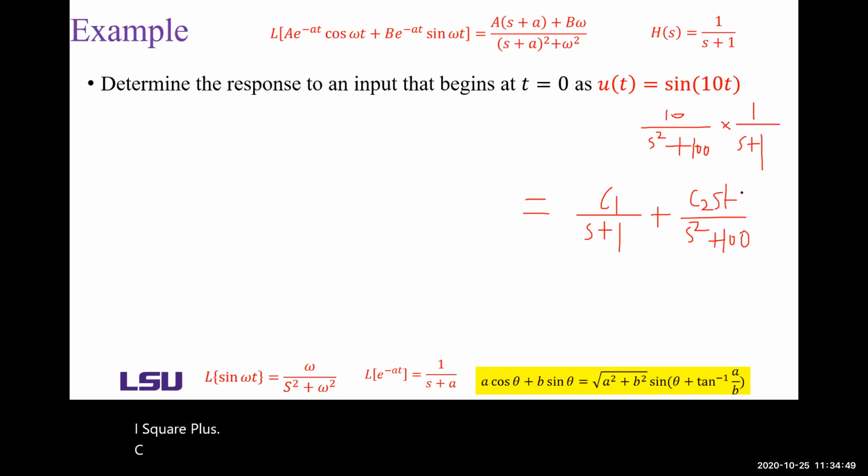To know the value of c1, we can use the cover-up method. To know c2 and c3, we can use the method of balancing the coefficients. Let me give you a few minutes to try to solve this problem on your own.